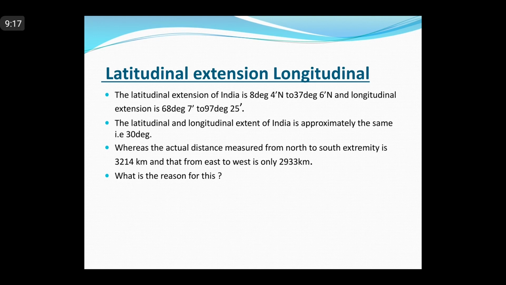I have just told you. Once again I am telling you that this is due to the fact that the distance between two longitudes decreases towards the poles because of convergence of meridians, whereas the distance between two latitudes remains the same everywhere. Okay, so this is the most important reason behind it, right?